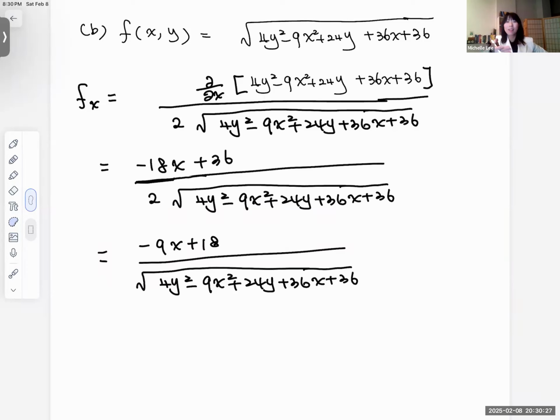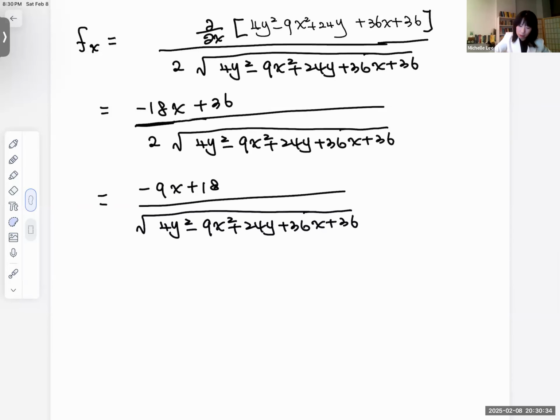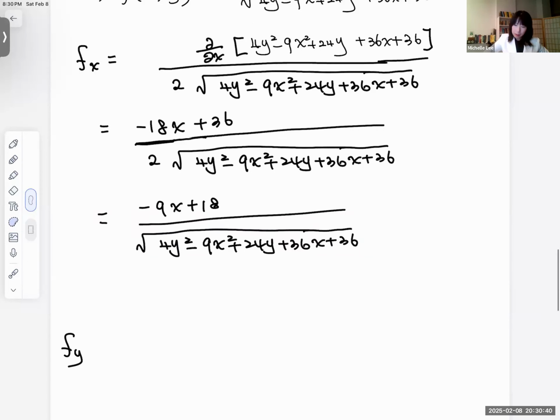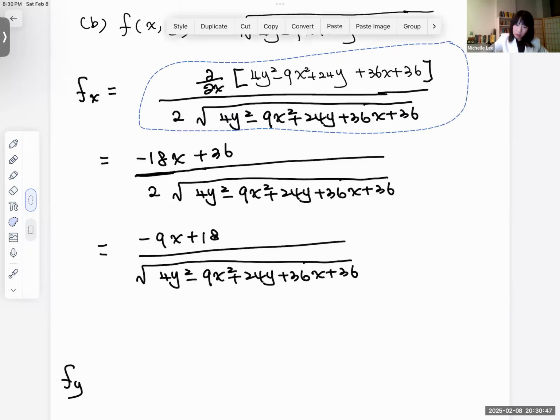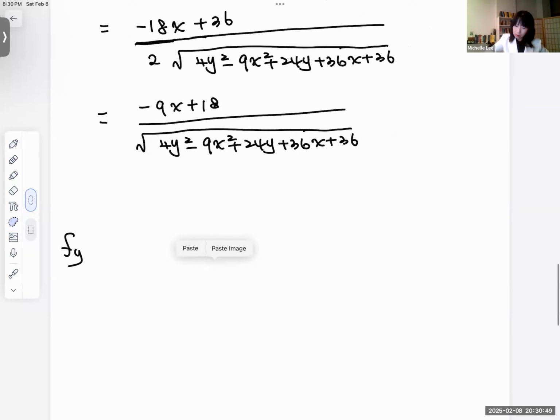What is this? This is a partial derivative with respect to x, right? Okay, let's find the partial derivative with respect to y. Very similar. So let me write down this one, right? This is the same, the first step. Copy.